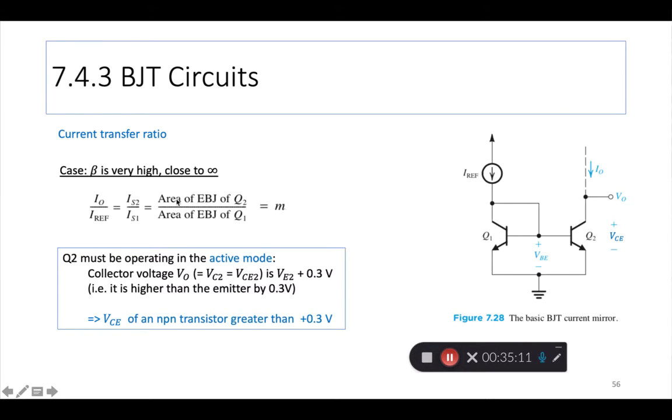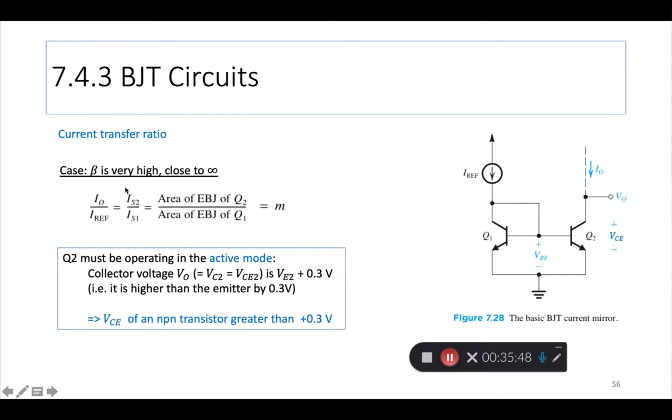Remember, for NMOS or MOS devices, we talked about aspect ratio or W by L ratios of the two devices. Here, instead of W by L, we have the area of the emitter base junction. So the area of the emitter base junction of Q2 divided by the area of the emitter base junction of Q1, that ratio gives you the relationship between the IO and I reference.